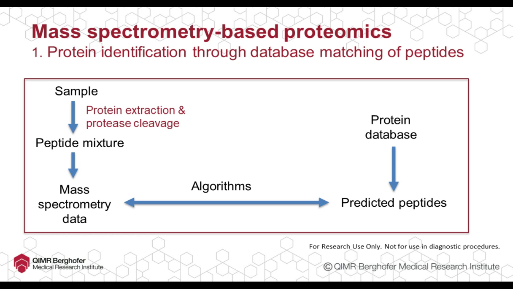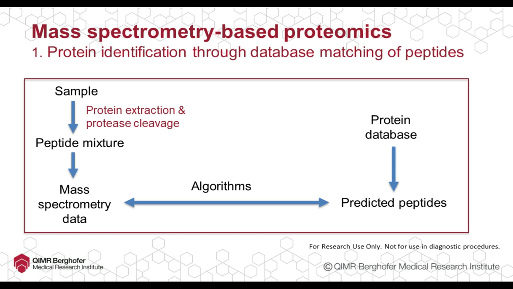The first is protein identification, and in terms of the commonly used method, bottom-up proteomics, the samples are usually protease cleaved to generate a mixture of peptides comprising all of the proteins from your sample. The mass spectrometry data are then matched to a protein database using different algorithms, and there are many of them available. Each of them could be slightly different, and using cutoffs which are selected to minimize false IDs, we match the mass spectrometry data to the database.